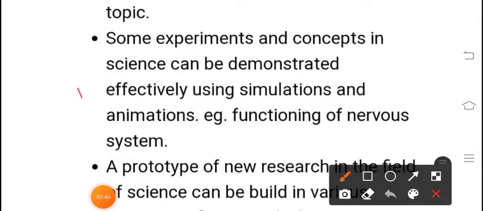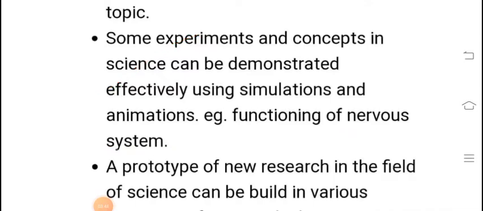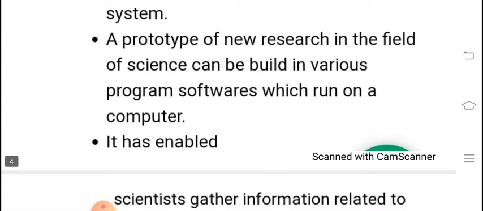Some experiments and concepts in science can be demonstrated effectively by using simulations and animation. Example, functioning of the nervous system. If you want to study an experiment and concept like the functioning of the nervous system, you can search it on the internet and study all these things.